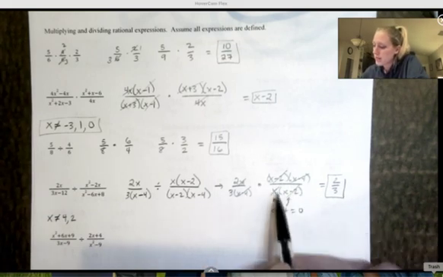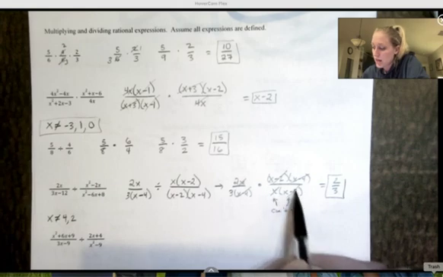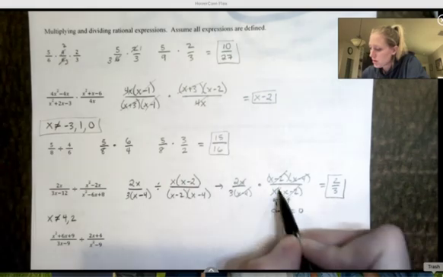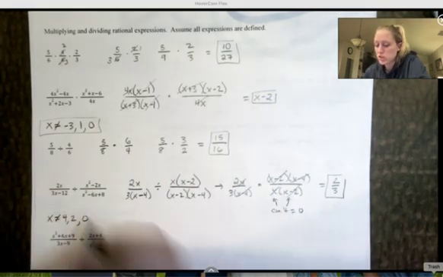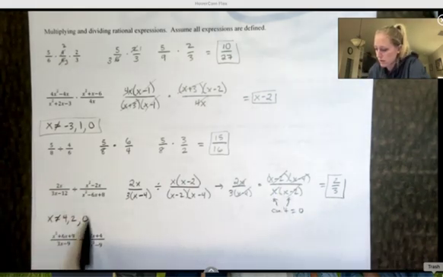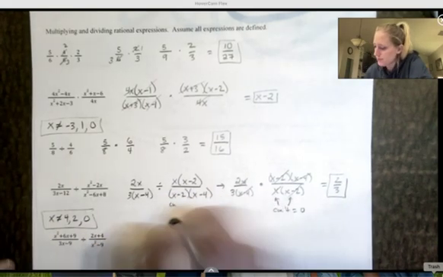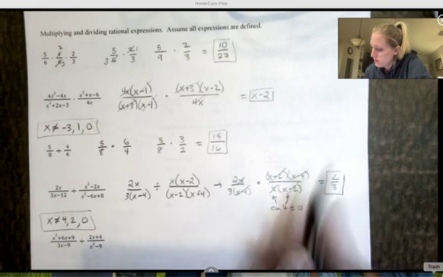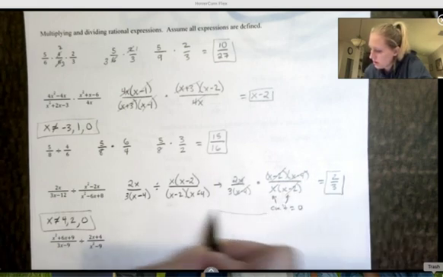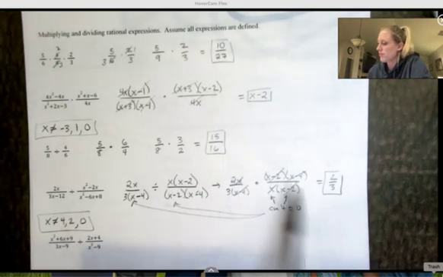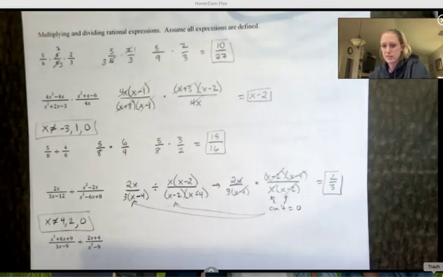So after I flipped, I got x could not be 2 from this part. Well, I already have 2. But this one, x could not equal 0. So I do need to add that value in there. Okay, so check. So can't equal 0 and can't equal 0.